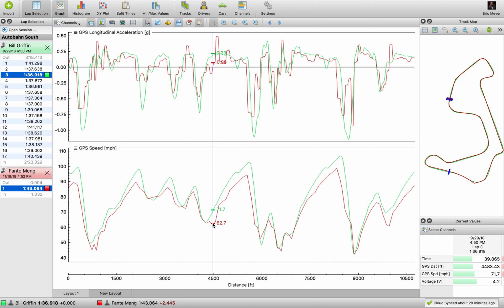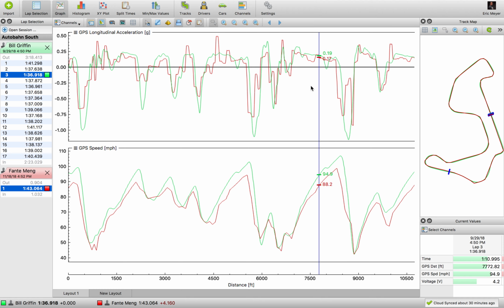And if you look down here to kind of show this, it is very unlikely. And you actually see this in the speed increase right here. It's possible that this driver parked it and got on the floor. But if you can see here, they're both starting from 63 miles an hour. And there's pretty much no way that this car is squirting this fast. And Bill's crushing them down through here by several miles an hour.